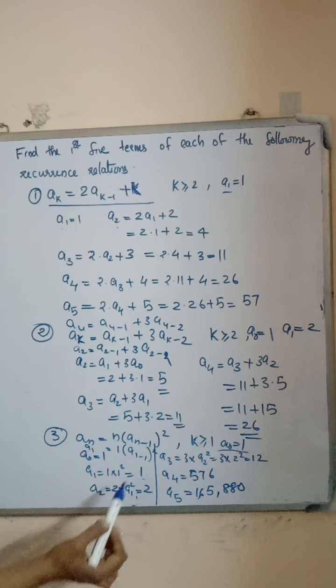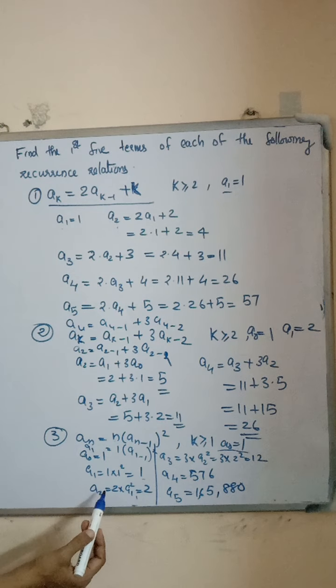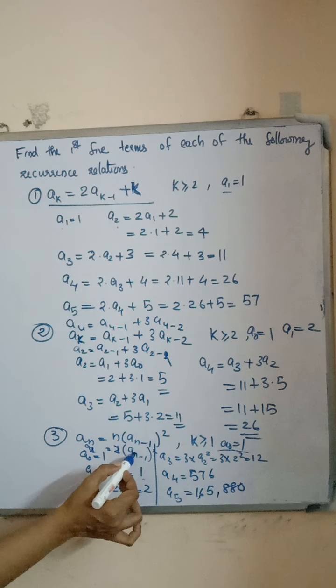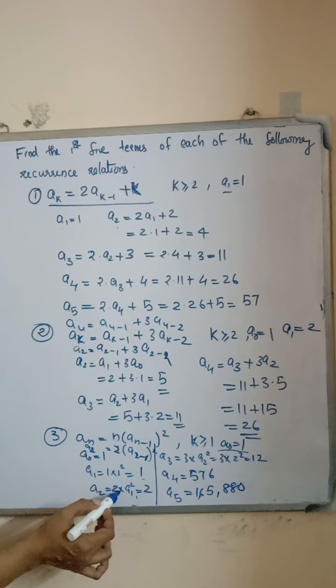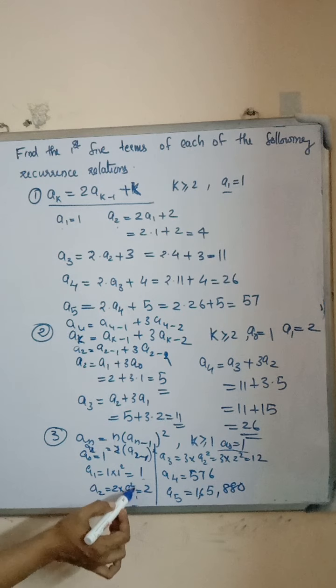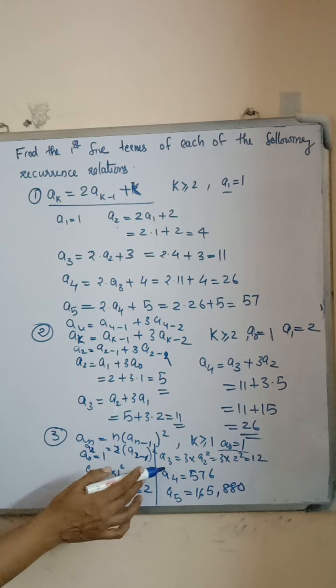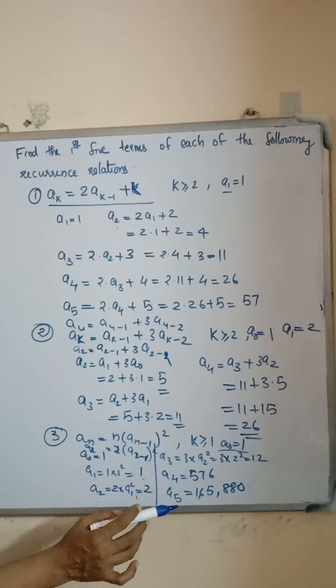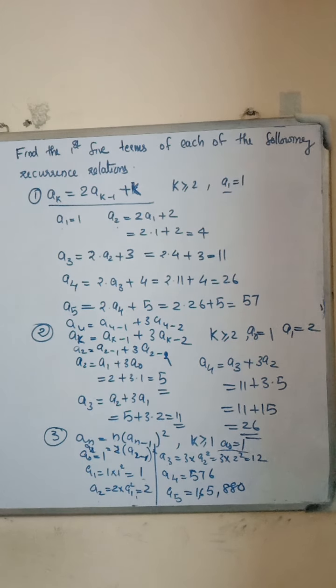So a1 is equal to 1. And a2 is 2 into a2 minus 1 square, that is 2 into a1 square, that is equal to 2 into 1 square. So 2. Similarly a3 is equal to 12 and a4 is equal to 576 and a5 is equal to 1,65,880.